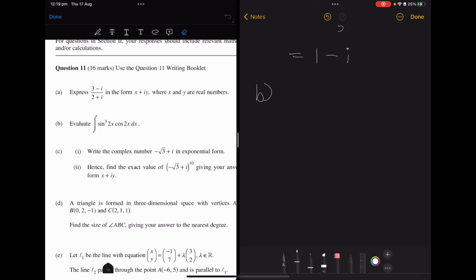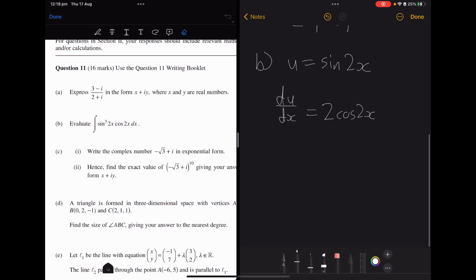For part B, we will use u substitution for sine 2x. So using this, we can first differentiate both sides. So du over dx equals 2 cos 2x. And then we can just write du as 2 cos 2x dx.